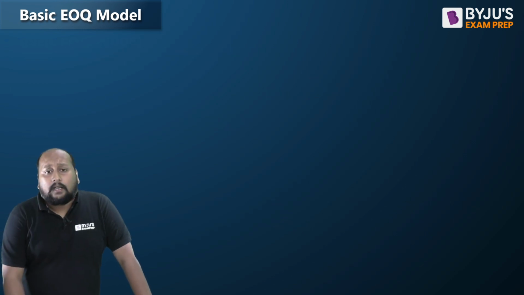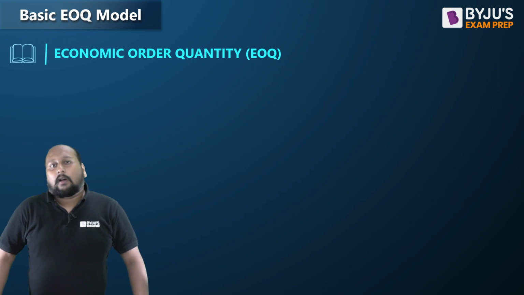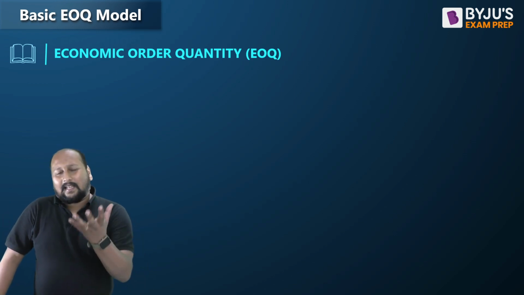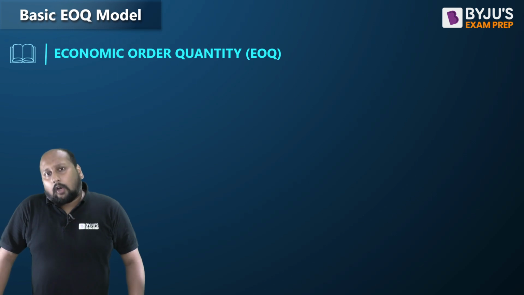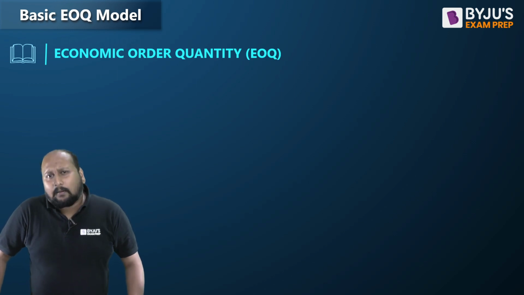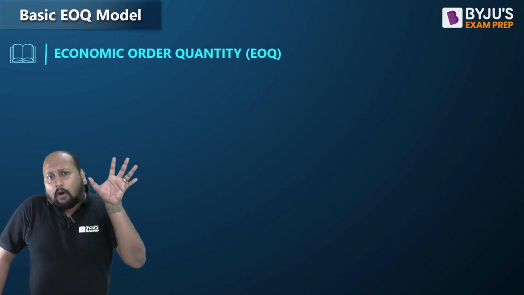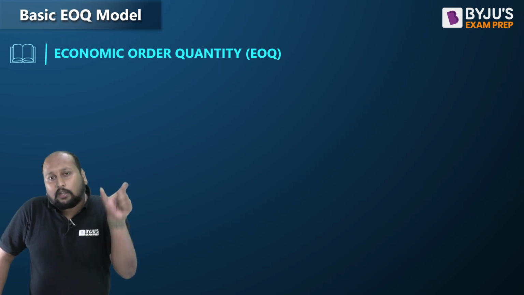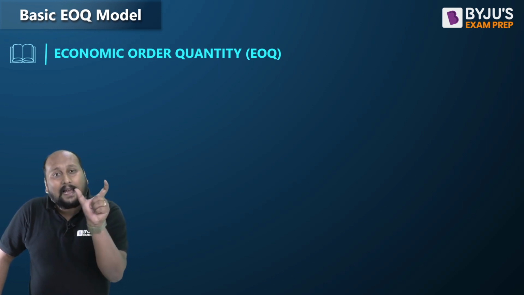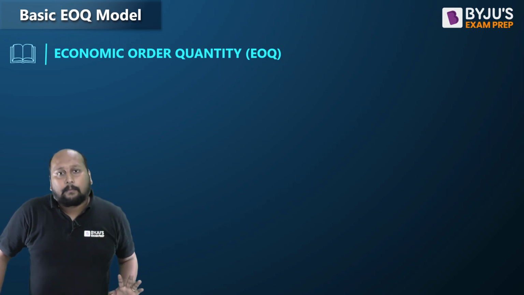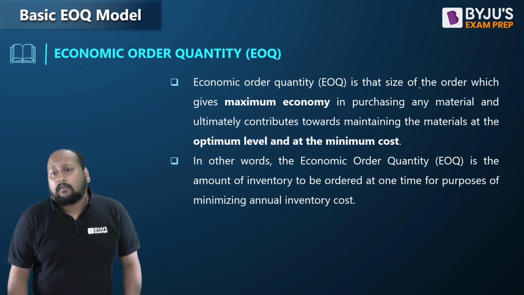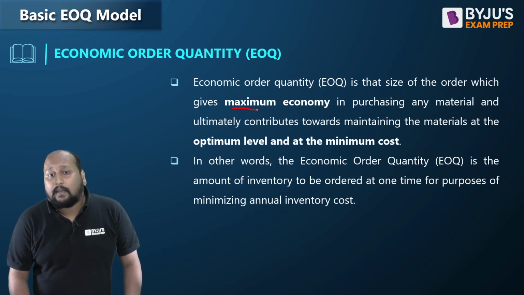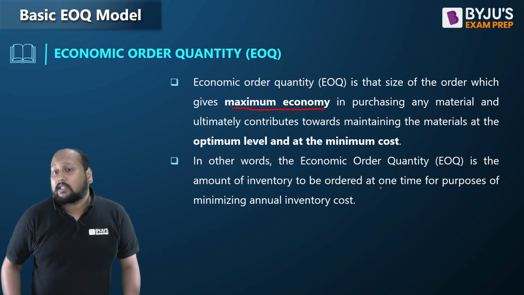Now let us talk about what economic order quantity is and the basic significance of studying it. Economic order quantity is the order size at which the total annual cost will be minimum. I can simply say economic order quantity is the size of the order which gives maximum economy, that means maximum profit in purchasing any material.